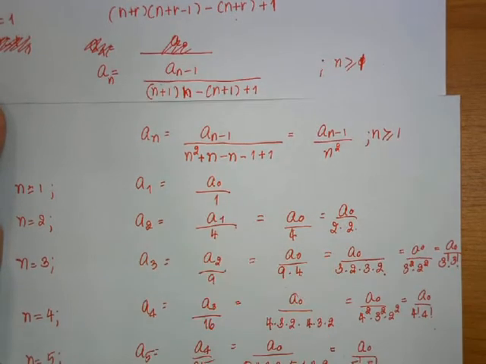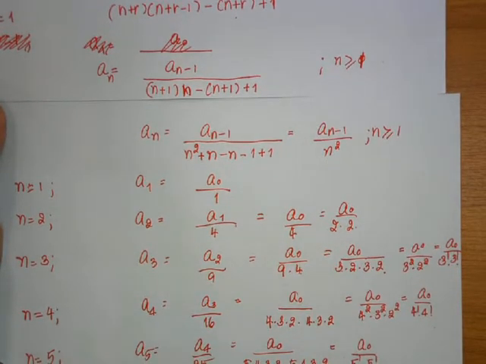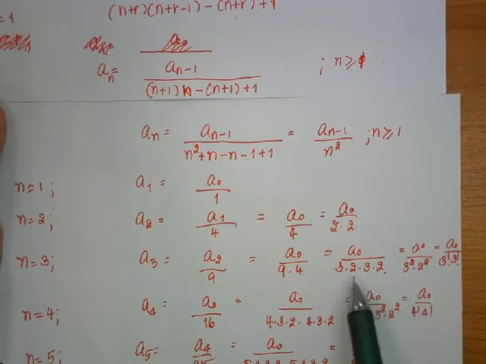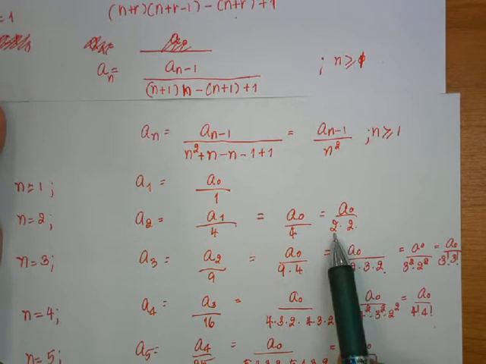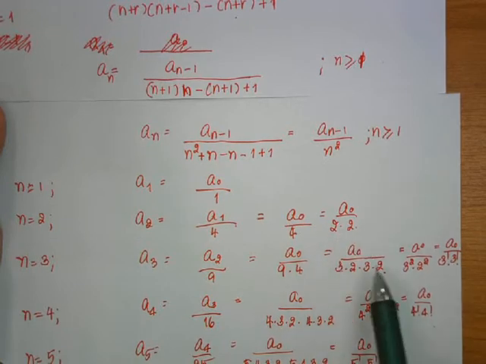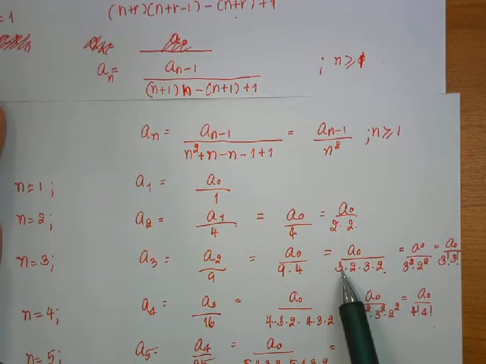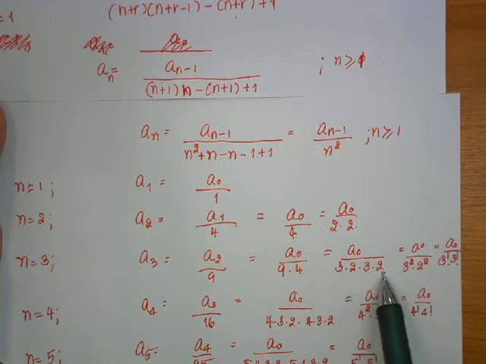So you have two groups of the number. For this one, you got 2 times 2. This one, you got 3 squared times 2 squared, or you get 3 times 2 and 3 times 2, which is 3 factorial and 3 factorial.